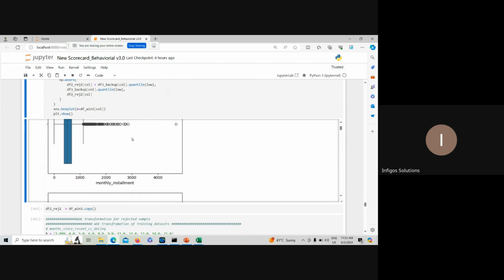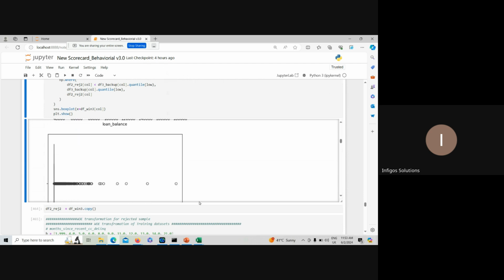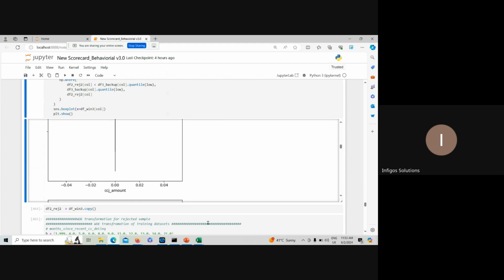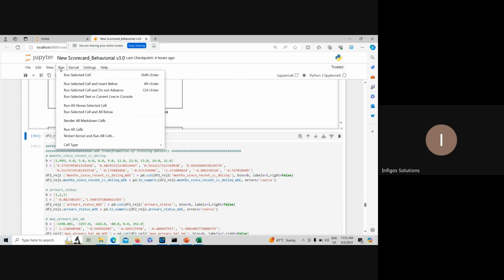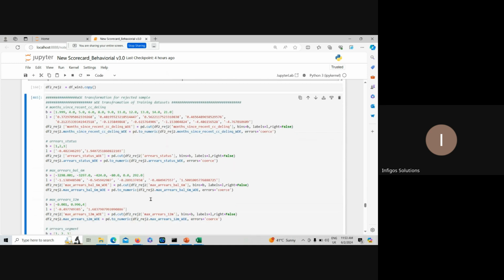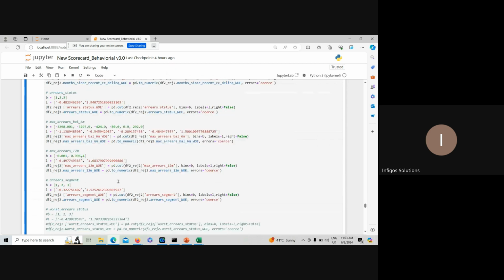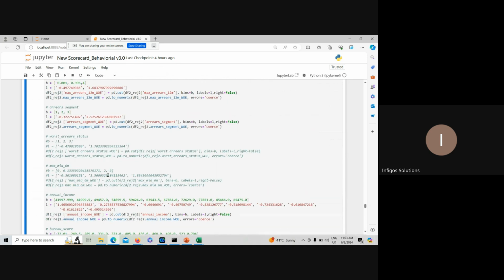Graphs are coming okay. Again we put it back there. And then we will do the WOE transformation of the rejected sample using the same data.